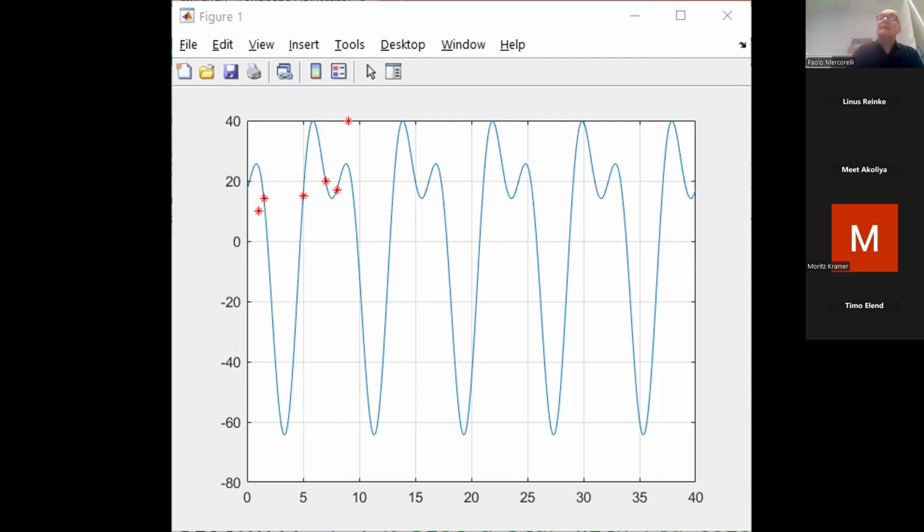But it seems that probably we have too few points in a possible period. I mean, what I am assuming here is that starting from 8, I will obtain the same measurements.